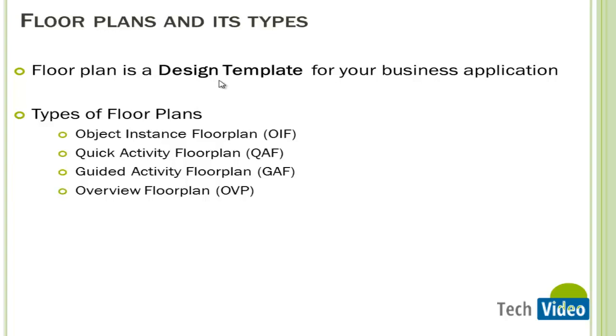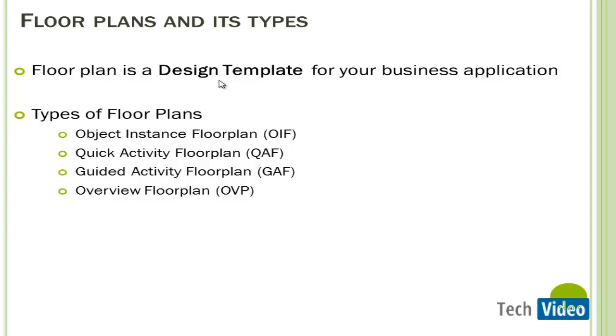What is a floor plan and what are the different types? A floor plan is nothing but a design template for your business application with which you can say, okay, this is the type of template I want in my Web Dynpro application. Let's say I take an example of a shopping cart.